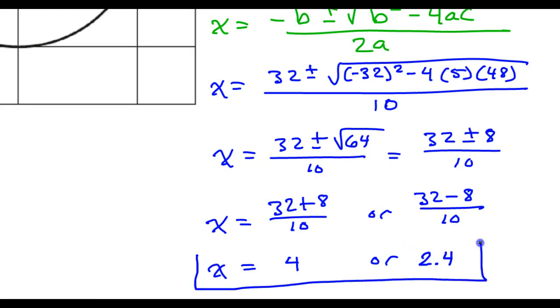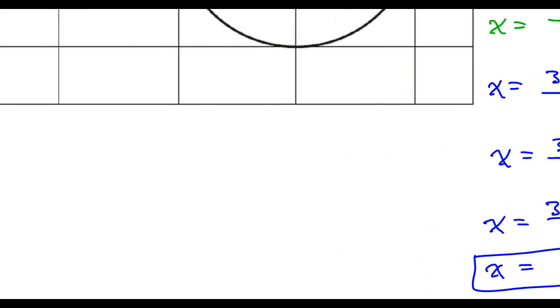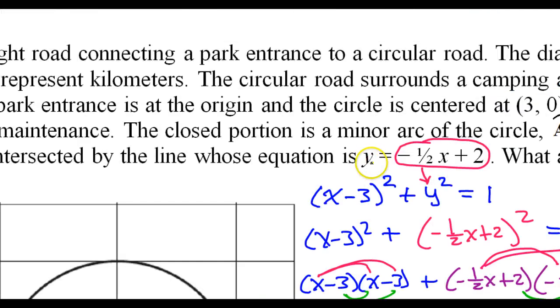Okay, so these are the two values of x, but we need the y values as well. So back at the beginning we were told that y equals -1/2 x plus 2. So we're going to use this equation to find the y values.